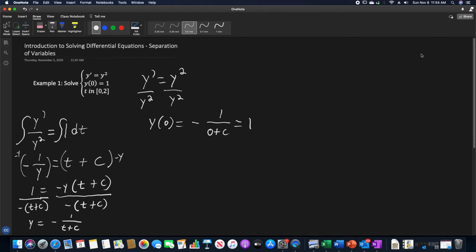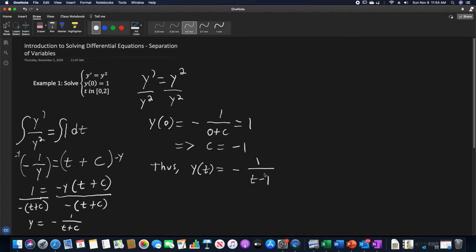So the only way that this is going to be possible would be if c is equal to negative 1. Otherwise we're not going to get a positive 1 out of this. So thus our differential equation is solved here as y of t is equal to negative 1 over t minus 1.